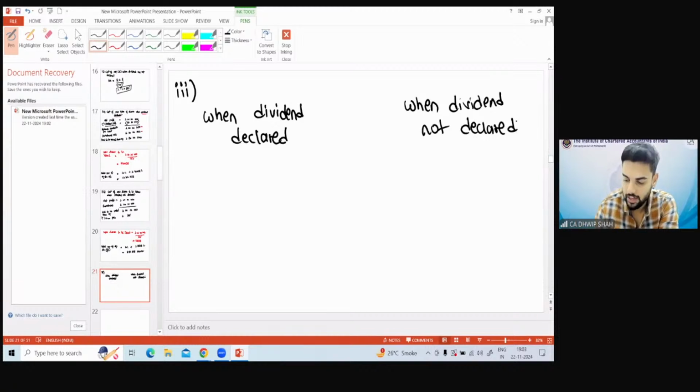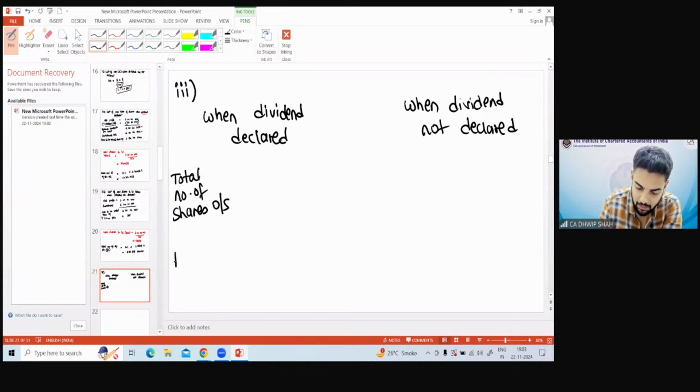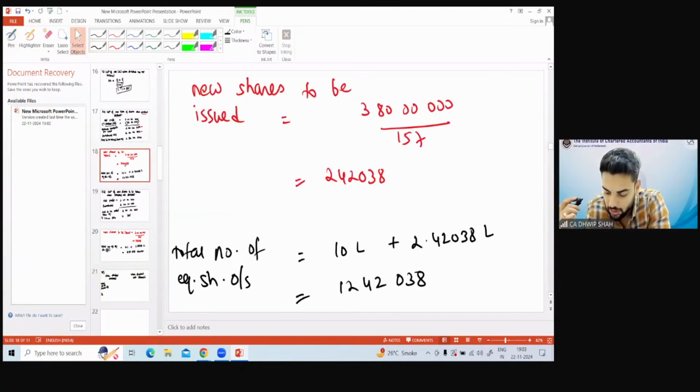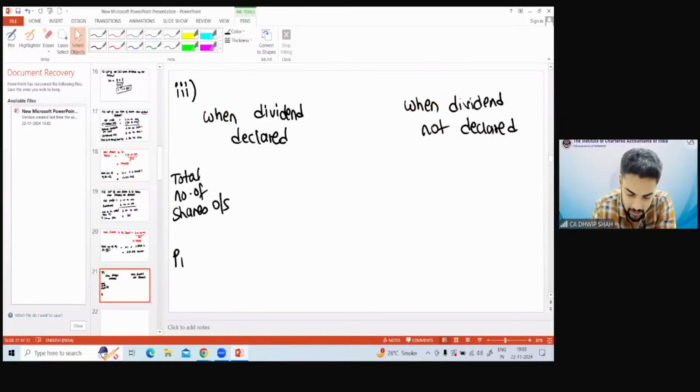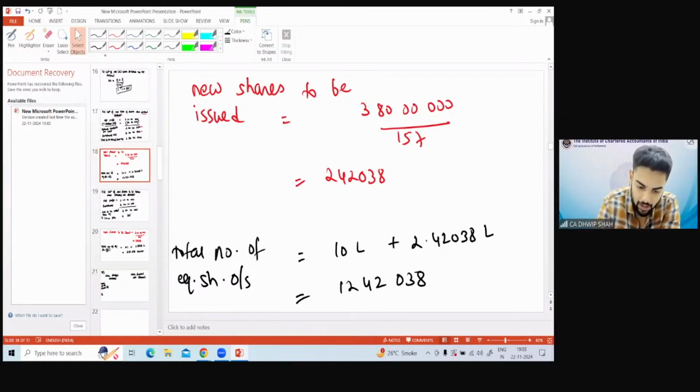We have to calculate the market cap, and market cap is nothing but the total number of shares outstanding multiplied by the market price at the end of year one. Tell me, the total number of shares outstanding when dividend is declared. It is 1242,038. Here we calculated 1242,038 when dividends were declared.